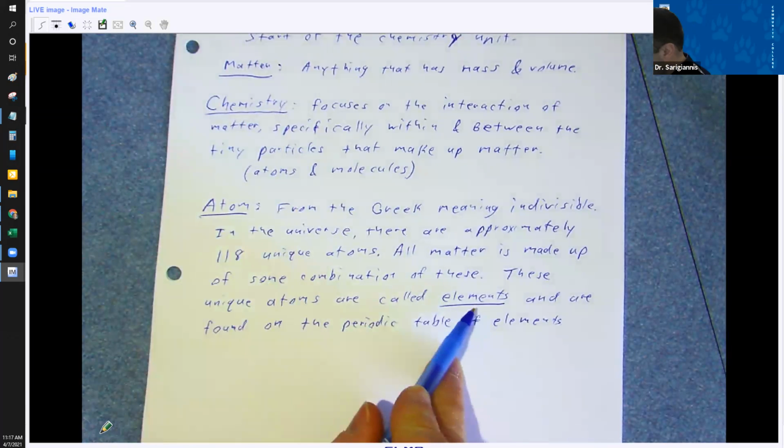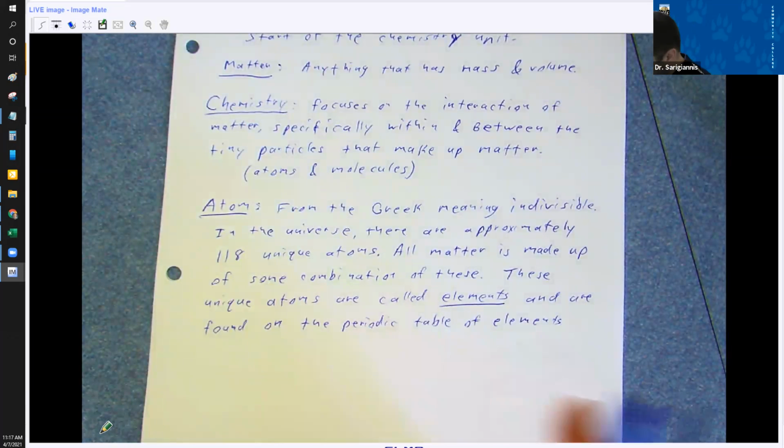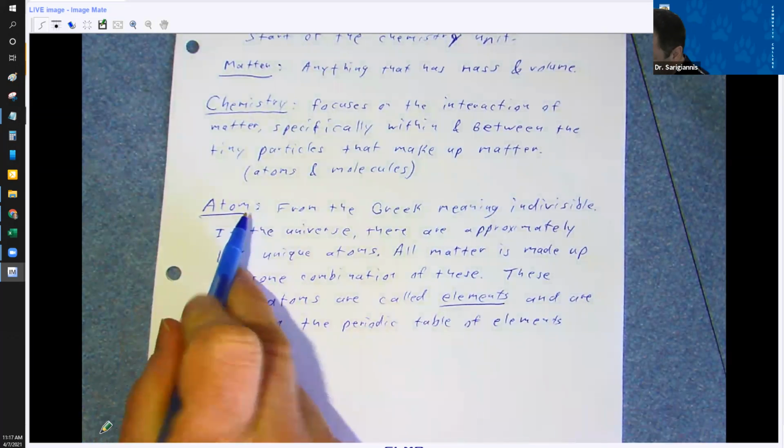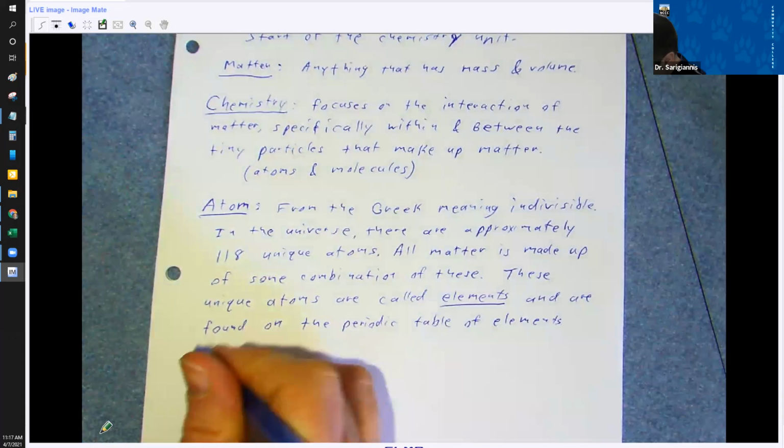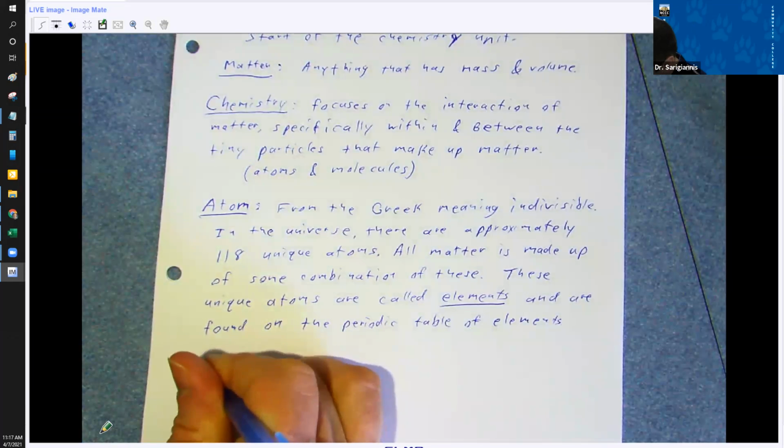But we used another term here, element, right? We have an atom. An atom is the fundamental building block. Let's look at what an element is.